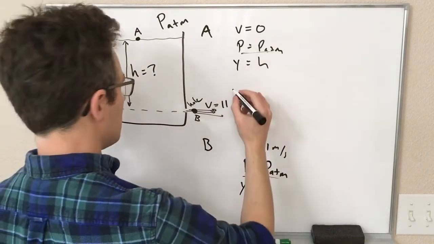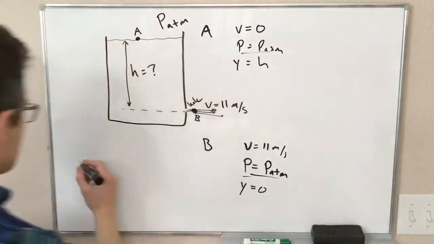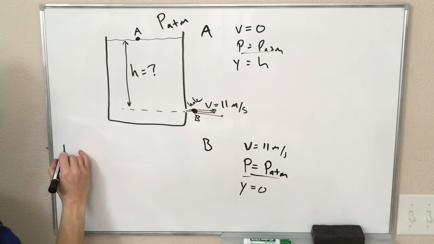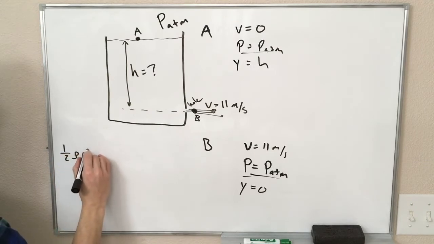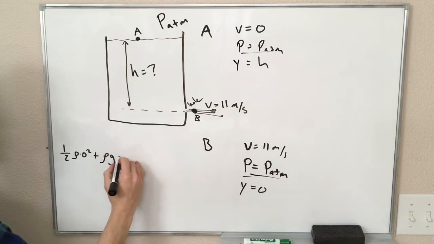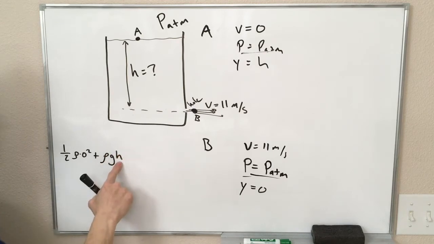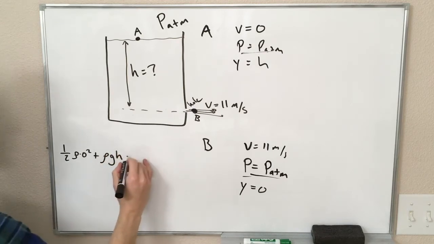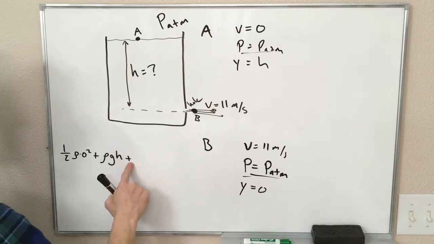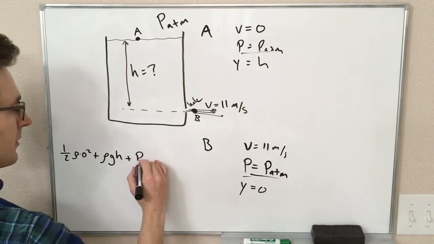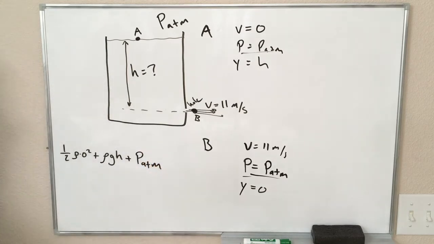Okay, so let's write this down here. So for point A, we have 1/2 rho v squared, v is 0, plus rho g y, that is our height h, that's what we're trying to find, plus our pressure, the atmospheric pressure.